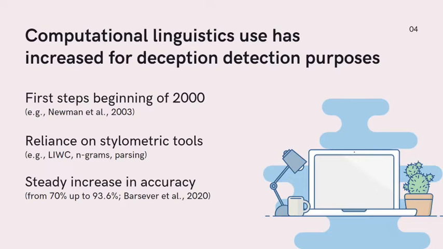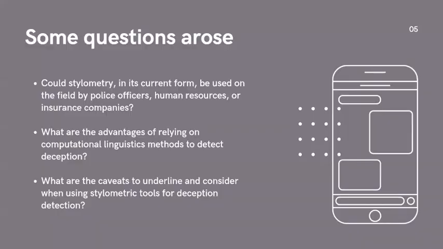But reading all this literature on computational linguistics and deception brought some questions. Those questions were summarized in three main angles that we wanted to tackle. First, could stylometry, computational linguistics, or natural language processing in its current form be used in the field by police officers, human resources, or insurance companies?